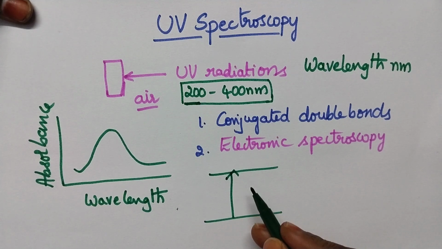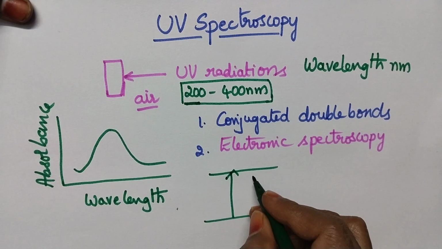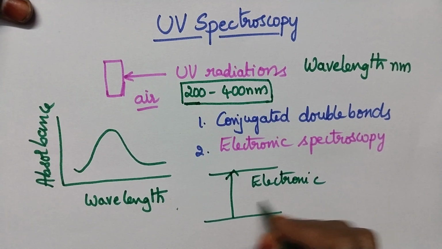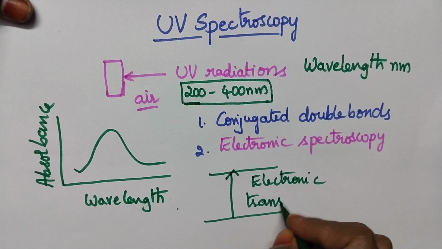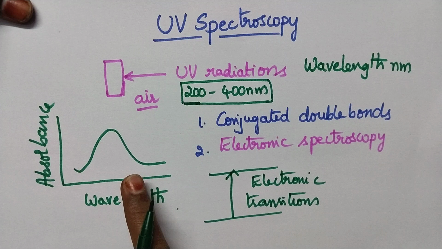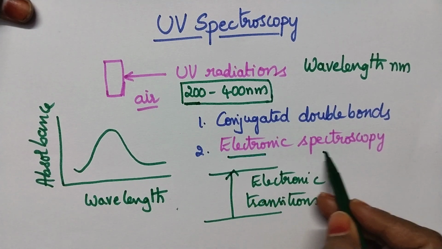So it is responsible for electronic transitions, and hence UV spectroscopy is also called electronic spectroscopy.